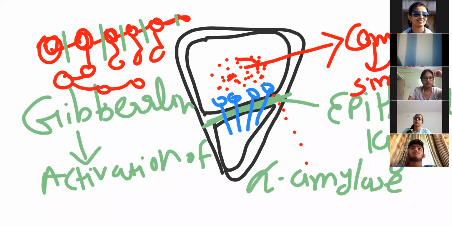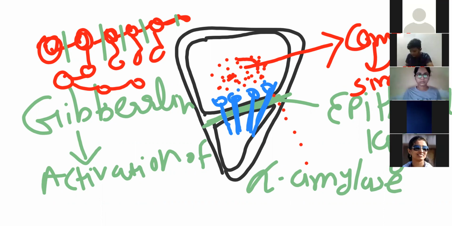The epithelial layer secretes gibberellin, which activates alpha amylase, which digests the starch in the endosperm into simple sugar, and this simple sugar shifts towards the developing embryo, which gets nourishment from it. This is the role of the epithelial layer. All of you clear? Or should I repeat one more time? Clear?